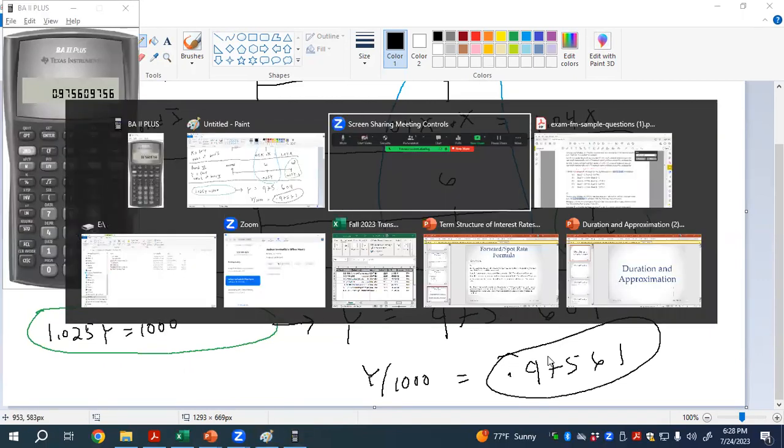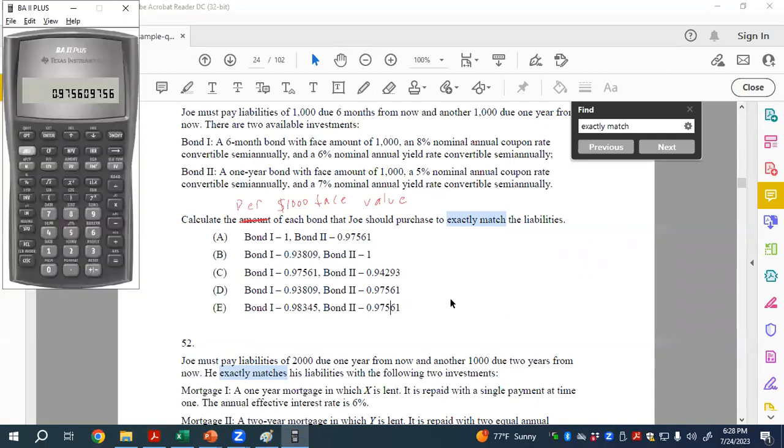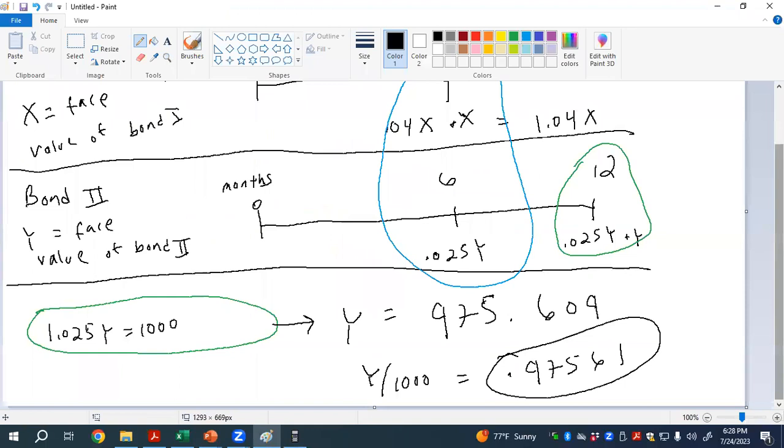And that's exactly in 3 of the answers, so we're on the right track here. 0.97561. Okay, so let's finish this up.